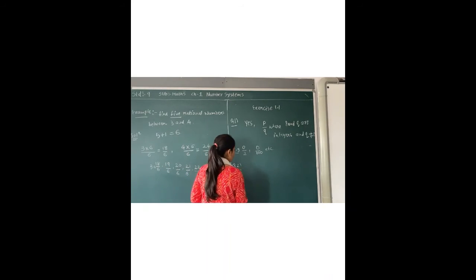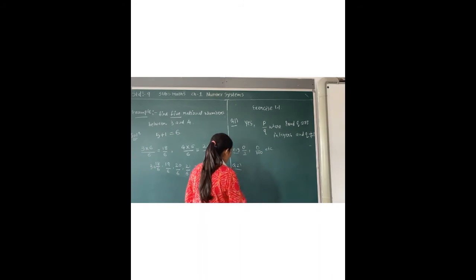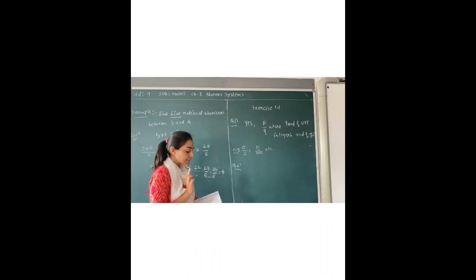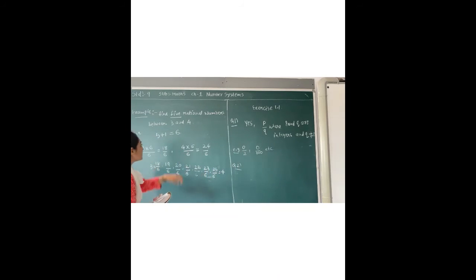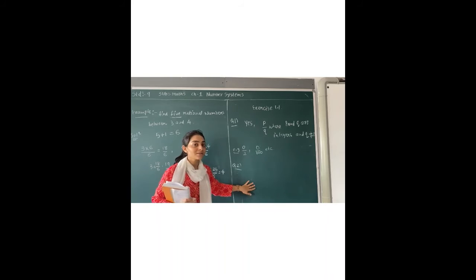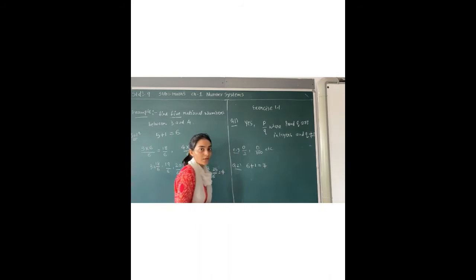We have to find how many rational numbers? 6 rational numbers. Similarly, if we had to find 5 rational numbers, I would have done 5 plus 1. Here I have to find 6 rational numbers, so I am doing 6 plus 1, equals to 7.